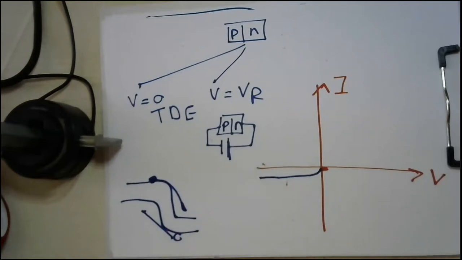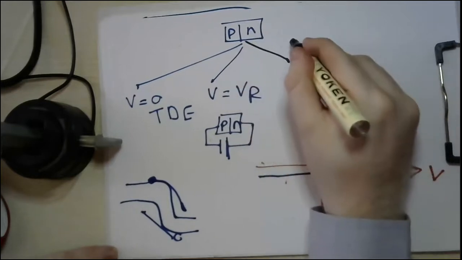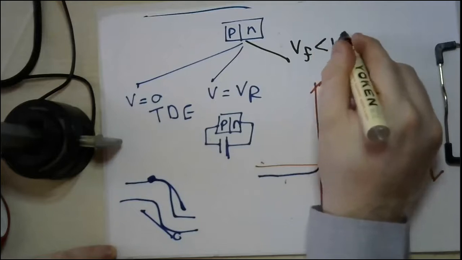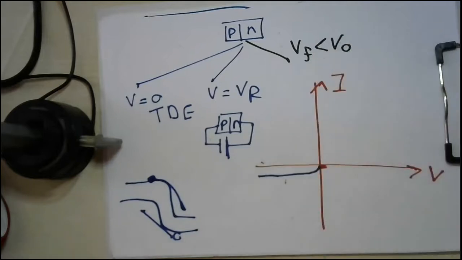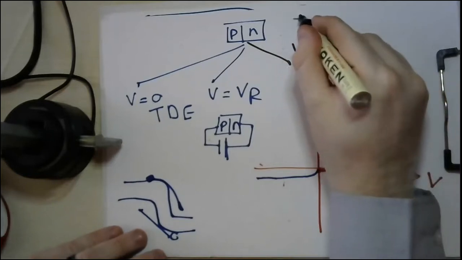Now, in the forward bias, we have 2 conditions. The first condition is to have V forward smaller than V naught. So the corresponding energy band diagram, if you remember, my dear students, is something like that.